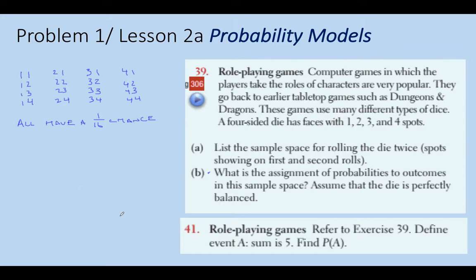All right, and then number 41 down here says refer to 39. Define event A as the sum is 5. Find the probability of A. Okay, well the probability of A, that I have a sum of 5, well, looks like this would add up to 5, this would add up to 5, this one, and this one would add up to 5.